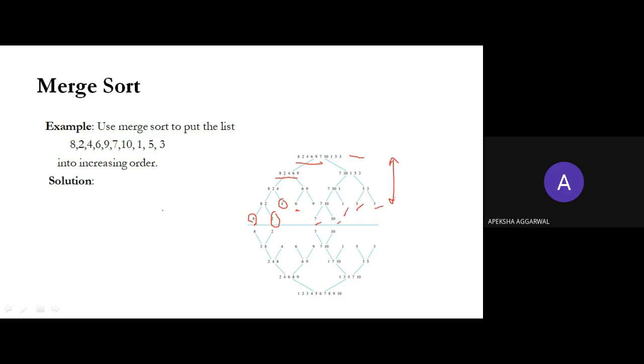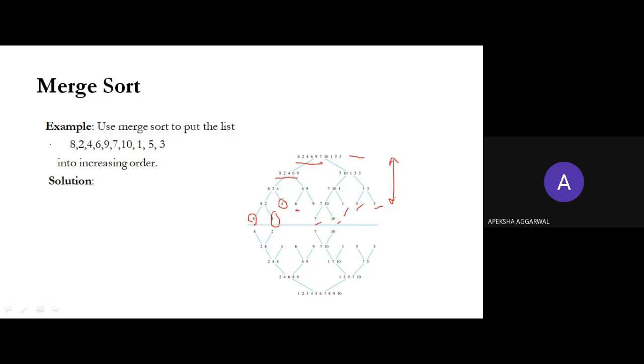Now because you have divided it, you will keep on merging. The concept is that if I have one number, maybe 98, it is already sorted, right? So I don't need to sort it. What I will do is keep on merging those numbers which are already sorted.